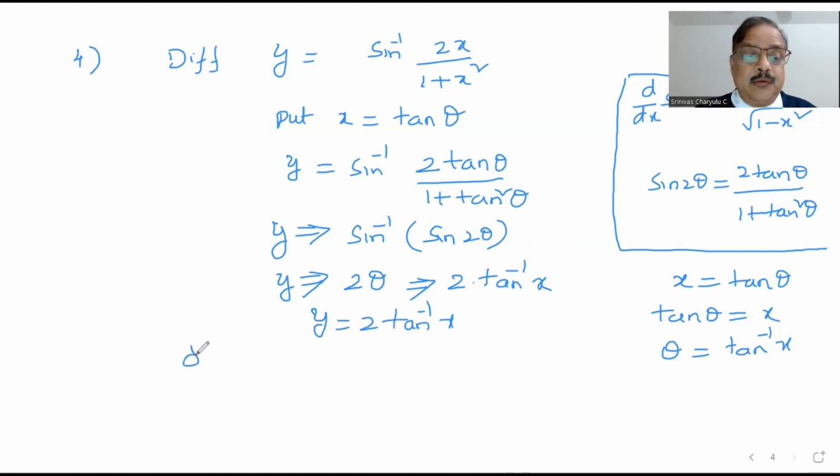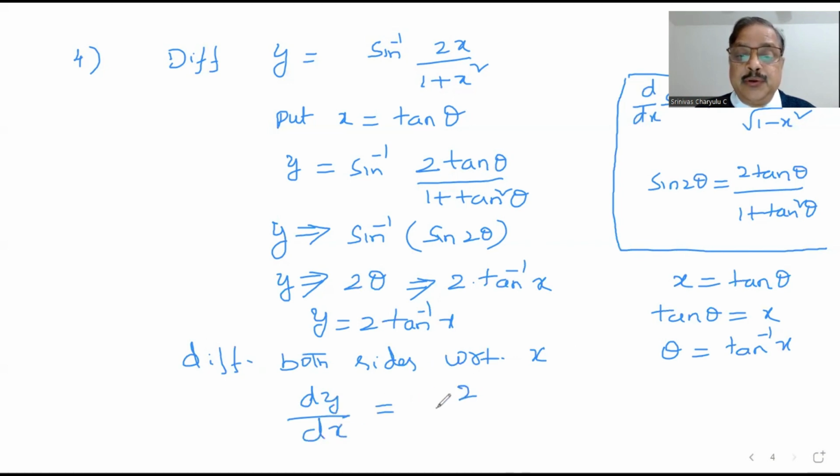Now y is equal to 2 tan inverse x. Let us differentiate both sides with respect to x. Then we are left with dy by dx is equal to 2 divided by 1 plus x square. How it came? Tan inverse x differentiation, we know it is nothing but 1 by 1 plus x square.